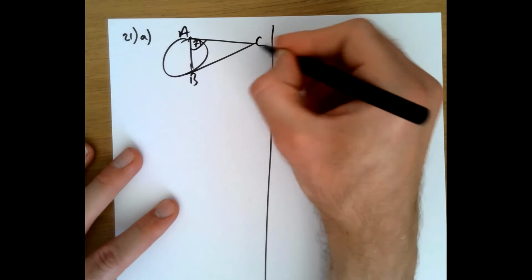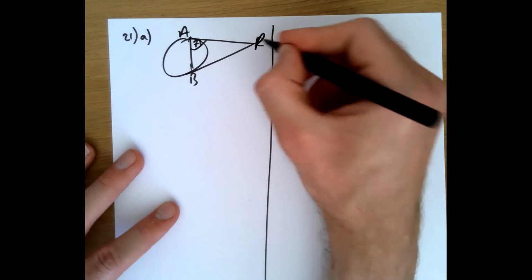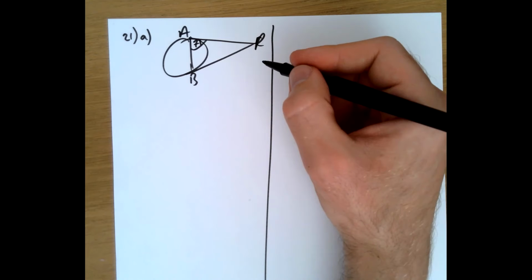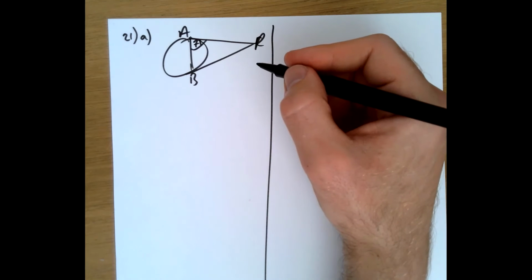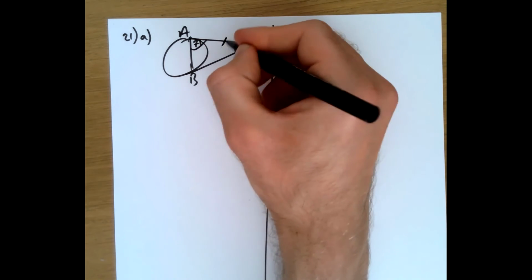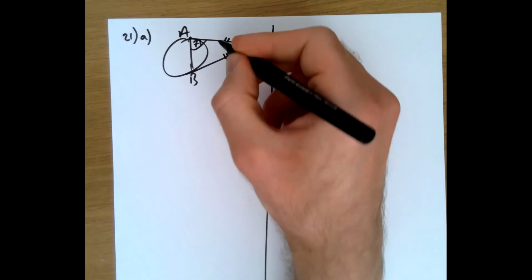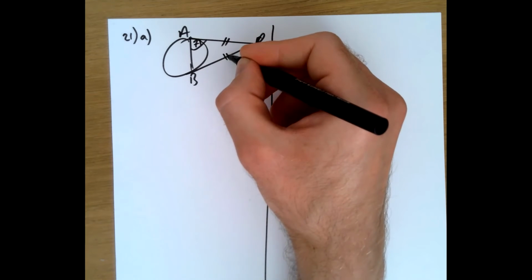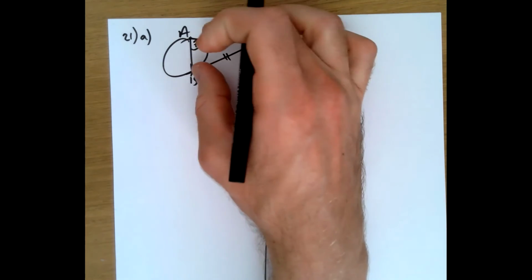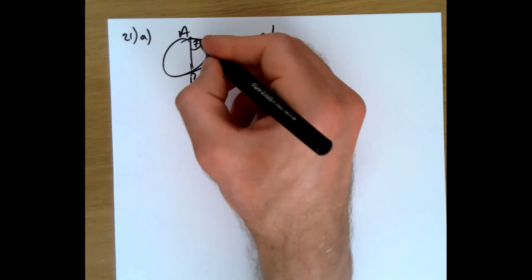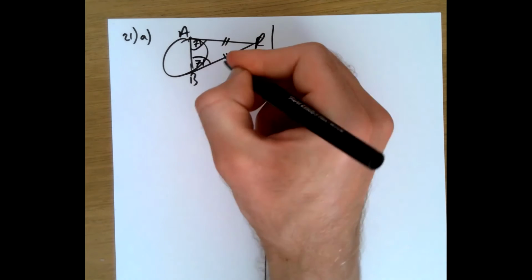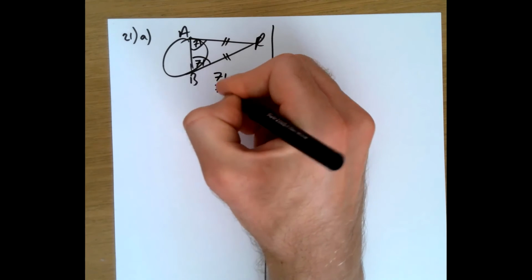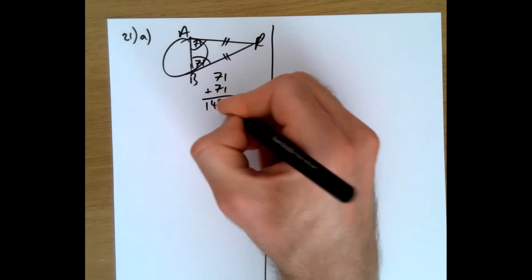So we've got A, B and P, not C. So we've got A, B and C. A, B and P again, sorry. So these are tangents. So if you know they're tangents, they must be the same length. And therefore, you must know that this is an isosceles triangle. So if that's 71 degrees, that must be 71 degrees. 2 lots of 71 is 142.